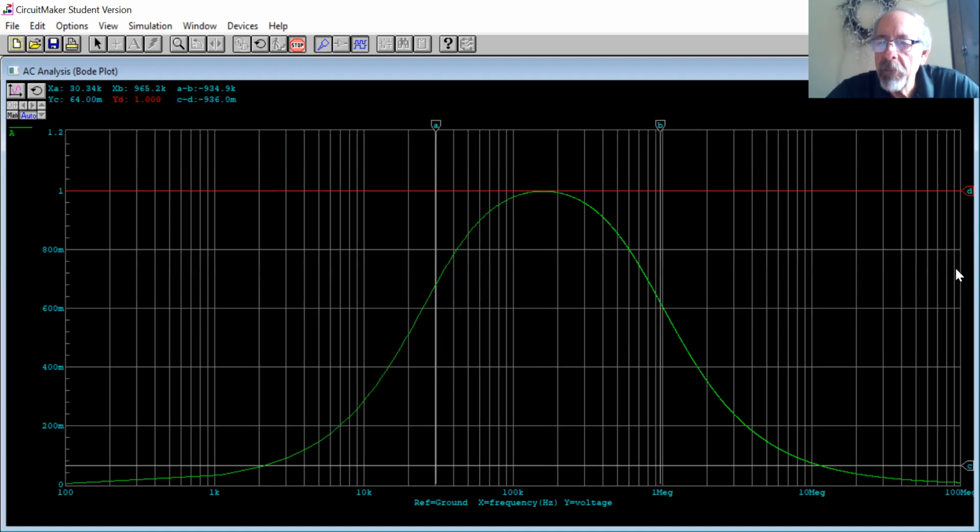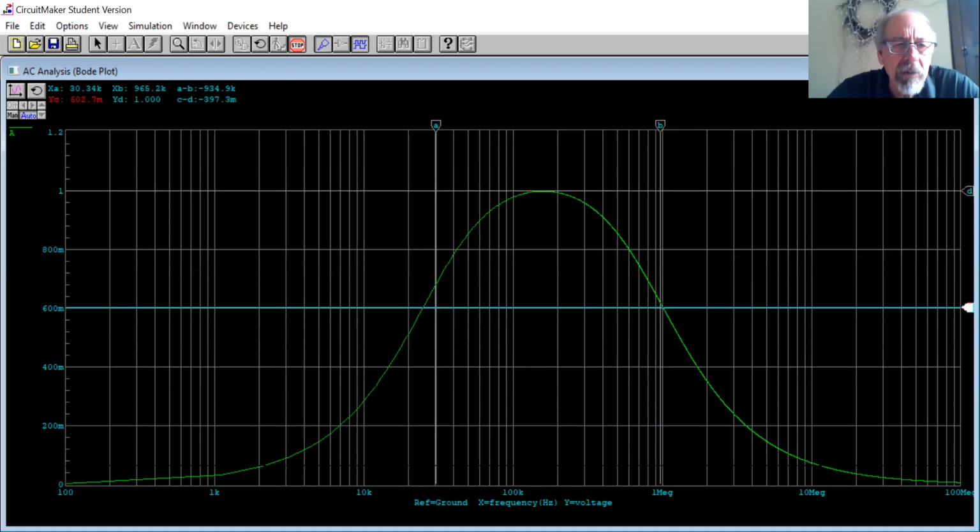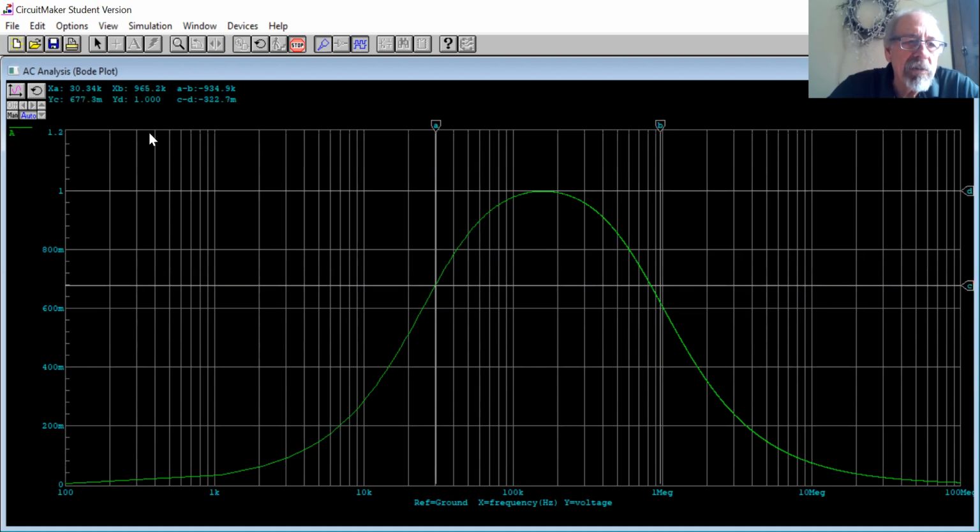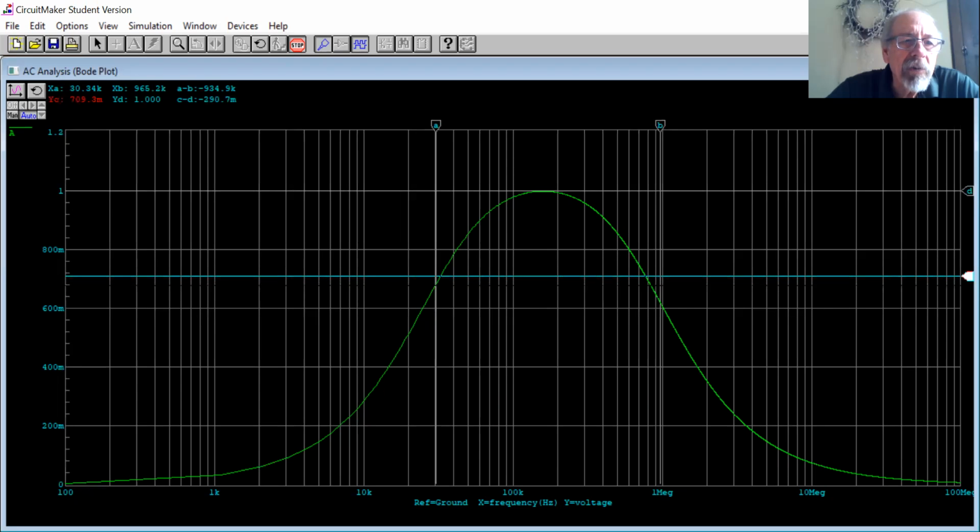The output's 1 here, and the output falls down to 70.7%. So let's put C. The absolute value of C is 677. If we go up here, 706.7, not too bad. So we'll move A over here and B over here.